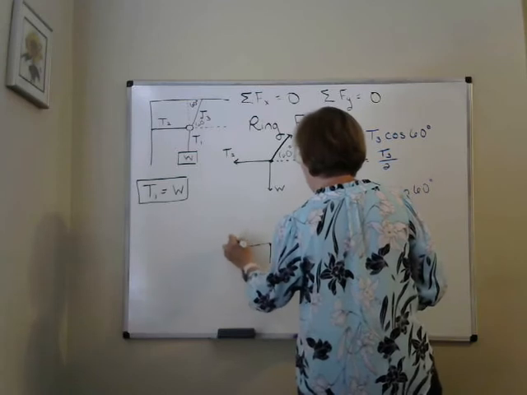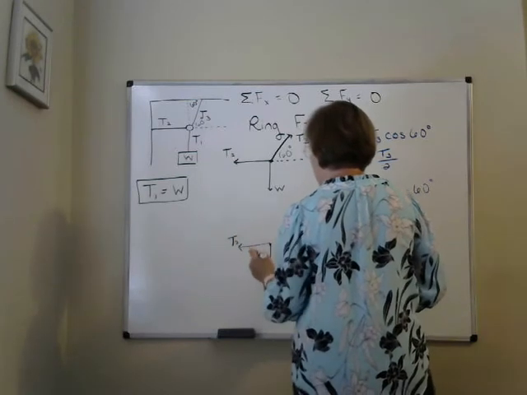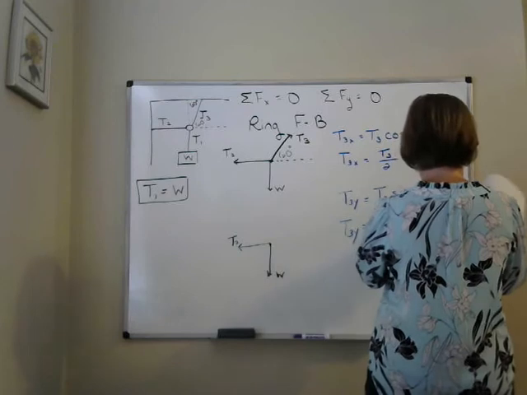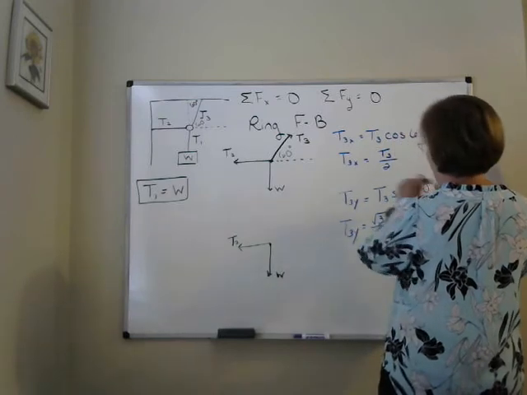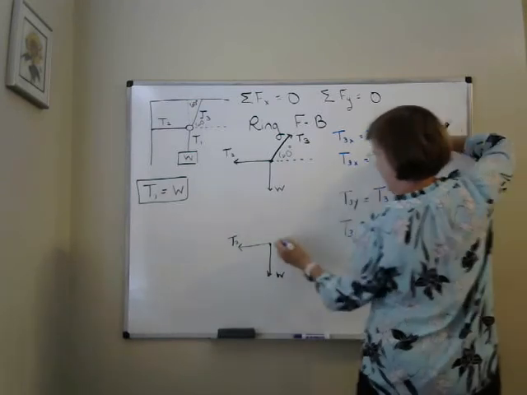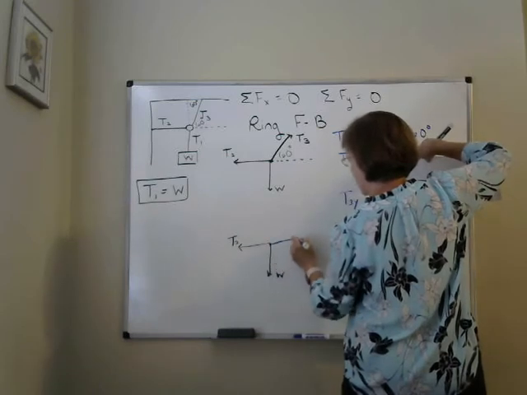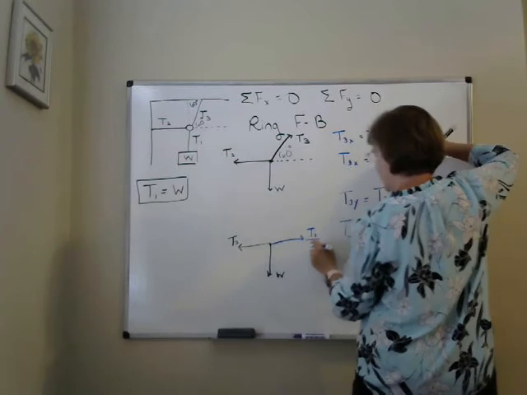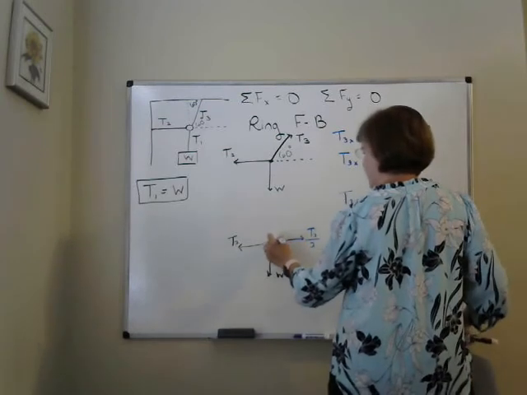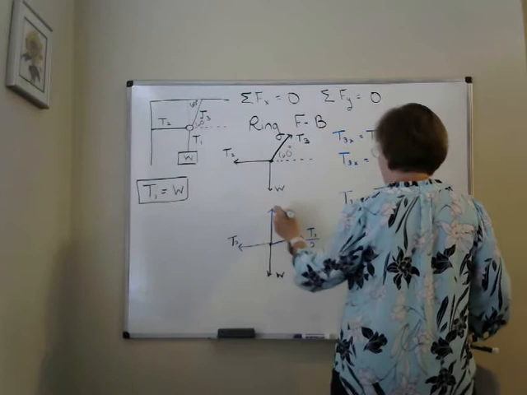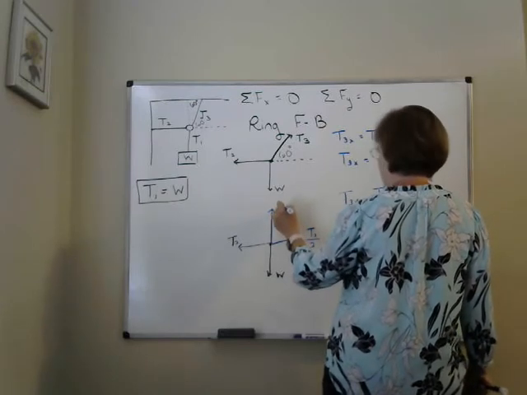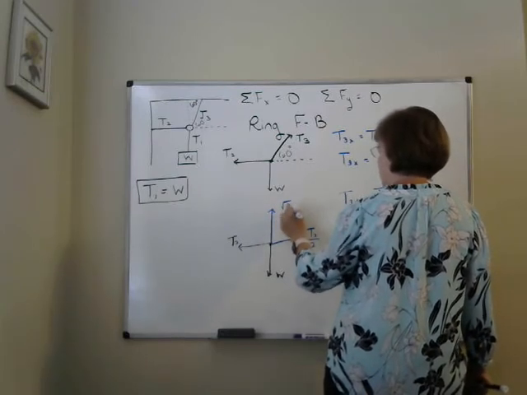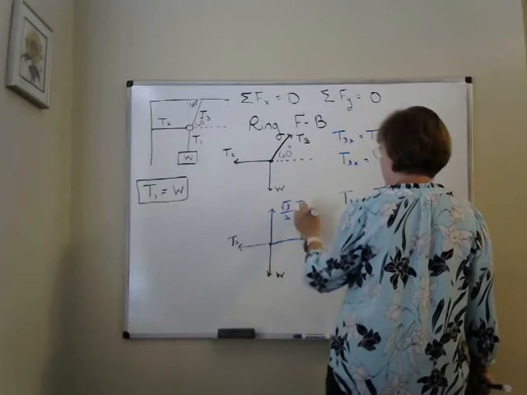We have T2 pointing to the right. We have T3x, which is T3 over 2. And we have T3y, which is √3 over 2 times T3.